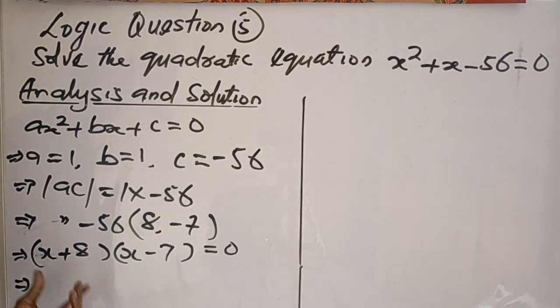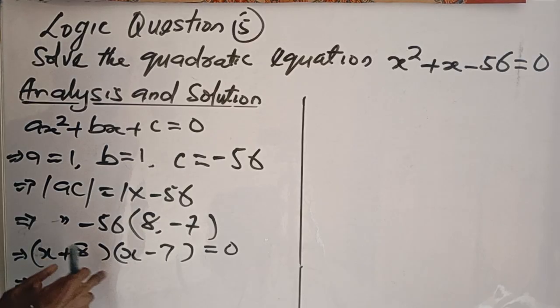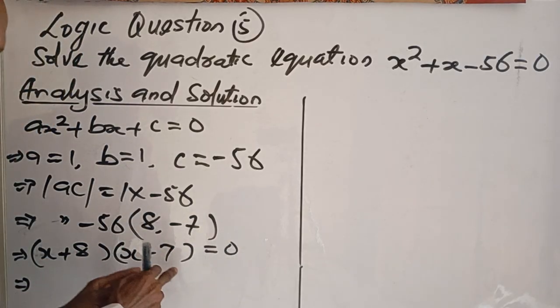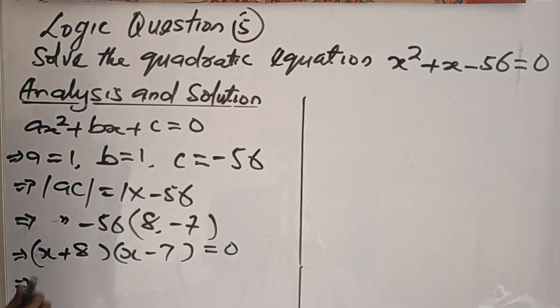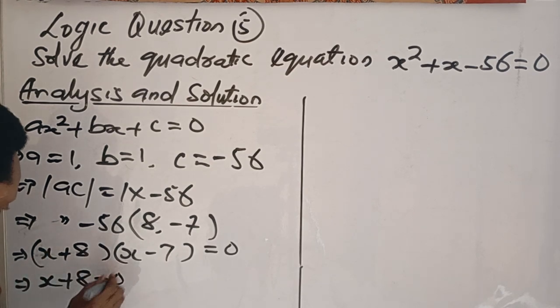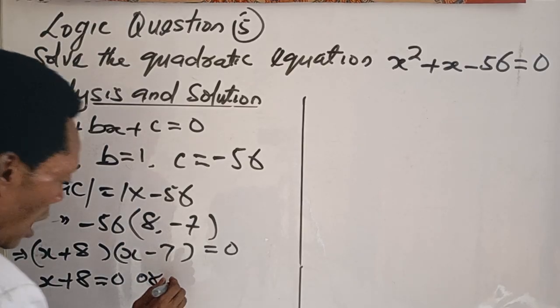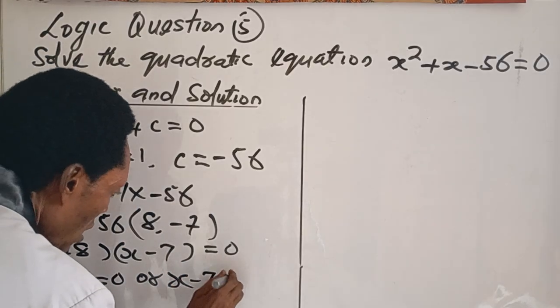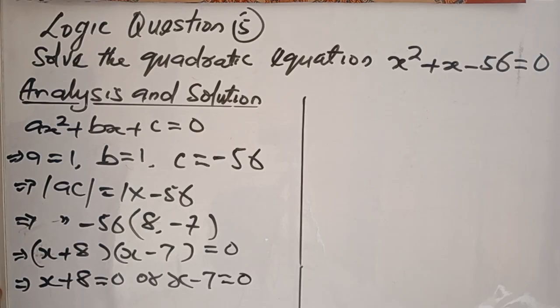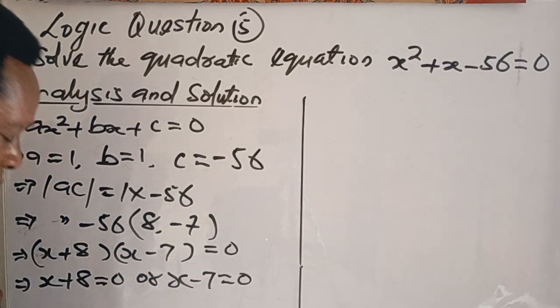All you need to do now is that this is a linear factor, so open the bracket and equate it to 0, or this open bracket, equate it to 0. So x plus 8 equals 0, or x minus 7 equals 0. Then move 8 to the right hand side and also move 7 to the right hand side. When they cross the equality sign, automatically their signs will change.